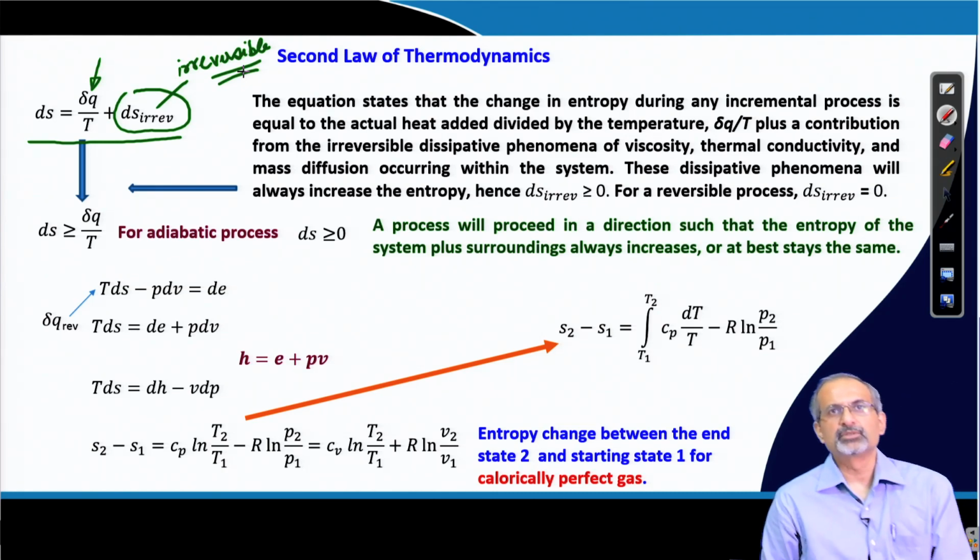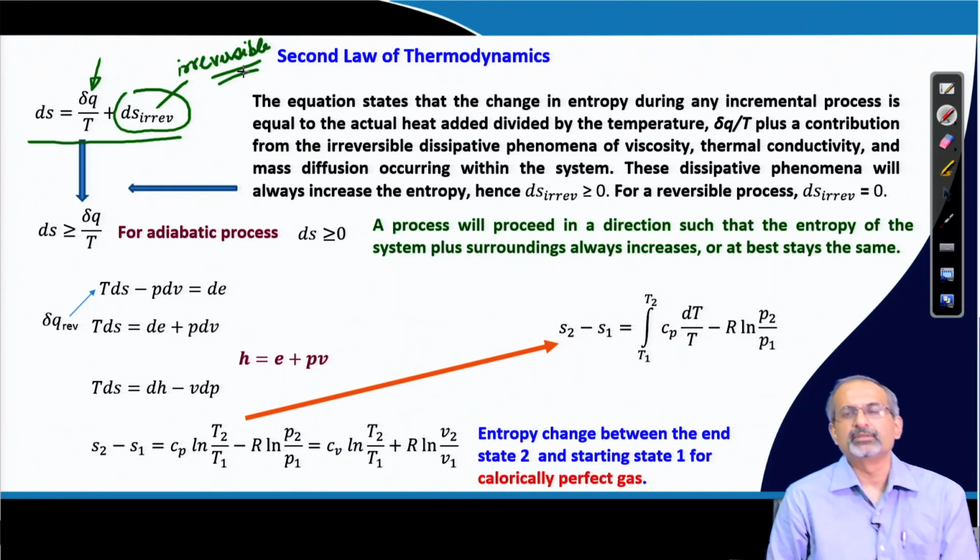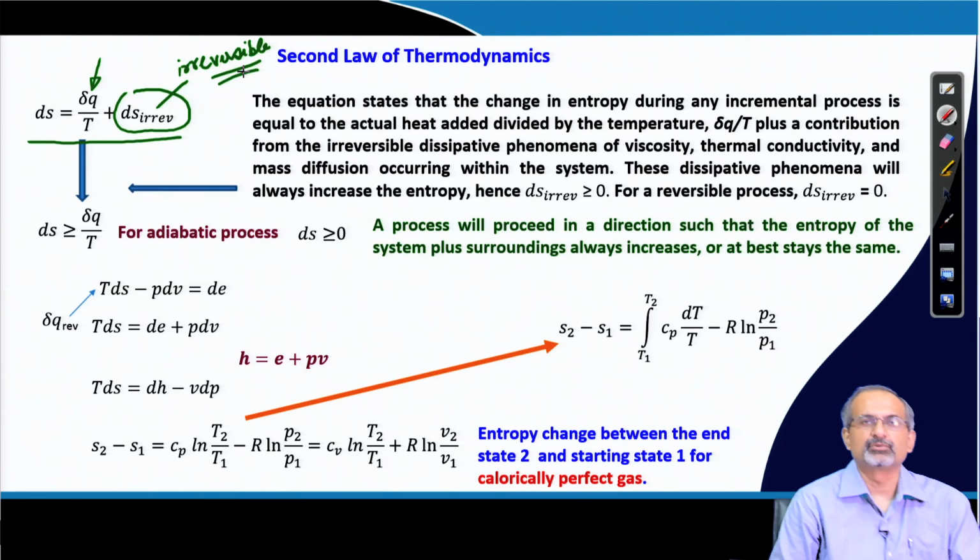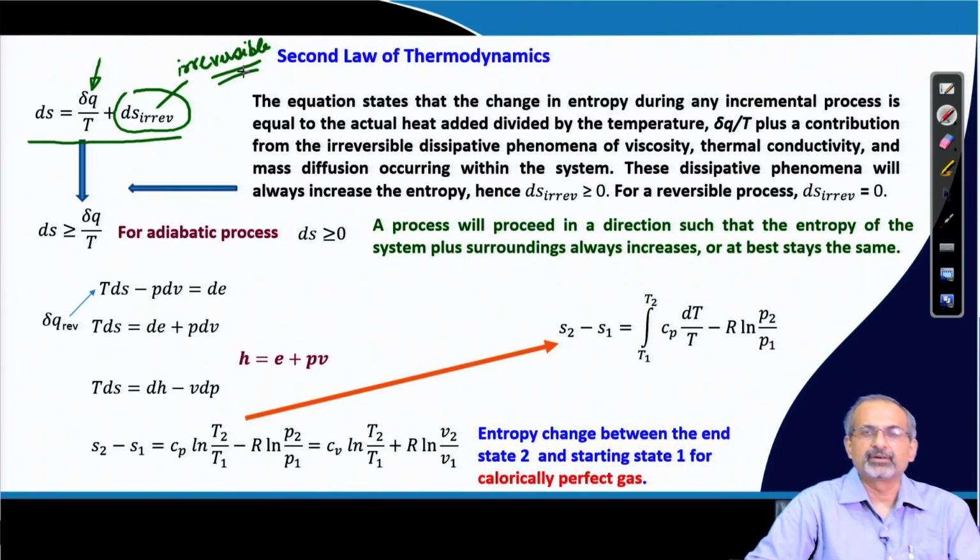So, what does this equation state? That it states that the change in entropy during an incremental process is equal to the actual heat added divided by the temperature plus a contribution from the irreversible dissipative phenomena of viscosity, thermal conductivity and mass diffusion occurring within the system. So, here we are talking about a possible presence of those irreversibilities.